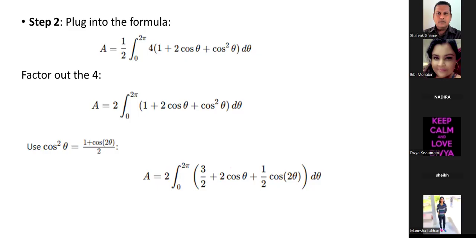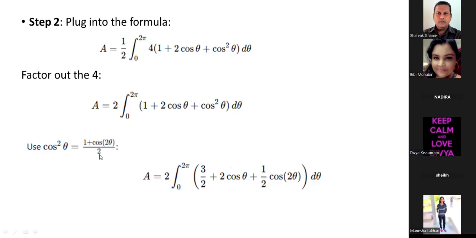And we use a trig identity to simplify cos squared theta, since we can't integrate cos squared theta directly. So we use cos squared theta is equal to 1 plus cos 2 theta over 2.